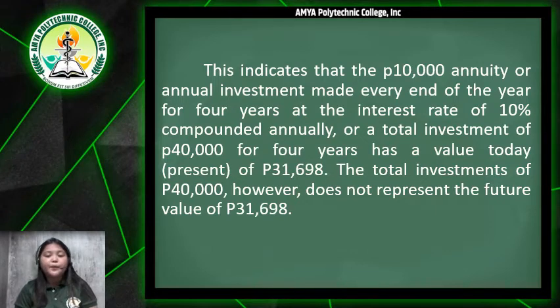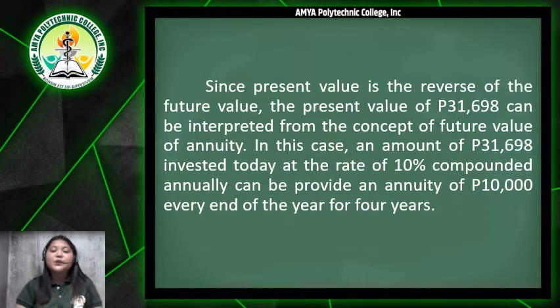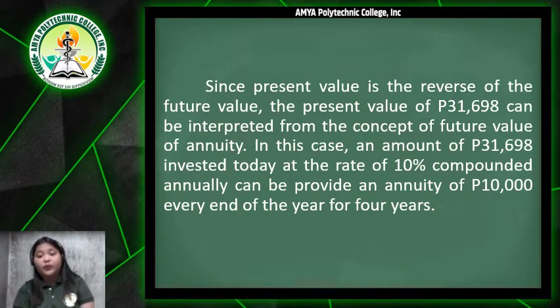31,698 pesos. So the total investment of 40,000 pesos, however, does not represent the future value of 31,698 pesos. Since present value is the reverse of the future value, the present value of 31,698 pesos can be interpreted from the concept of future value of annuity.